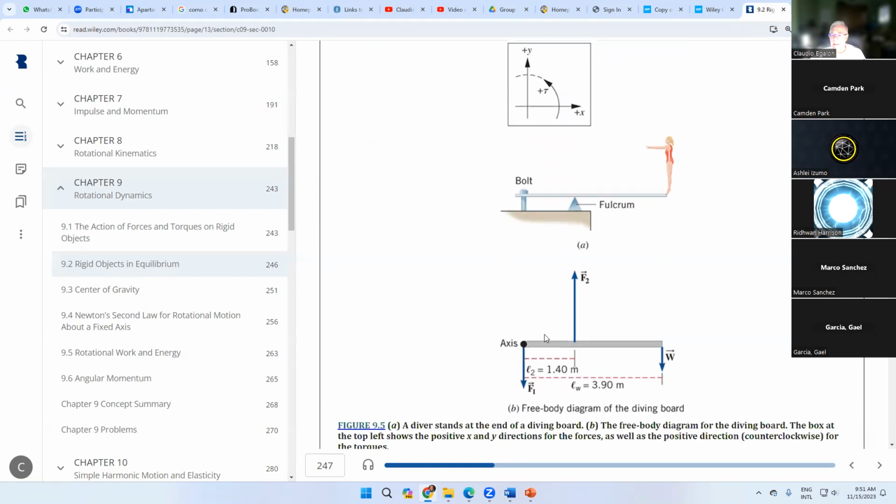He decided to place the imaginary axis right in here at this spot, and you're going to see what's going to happen. I call that LW, and he called that LW and L2.